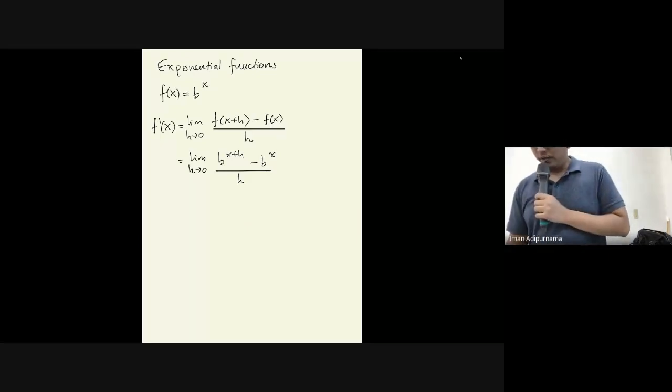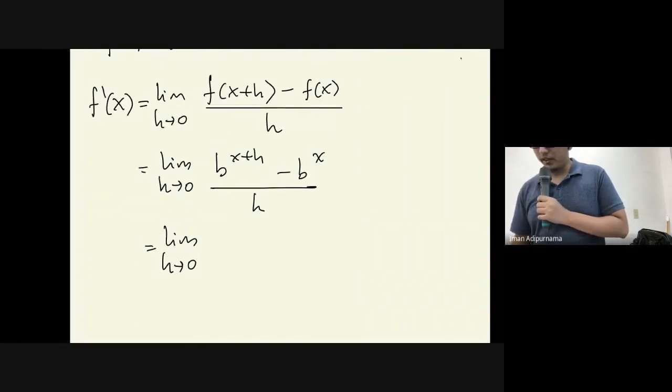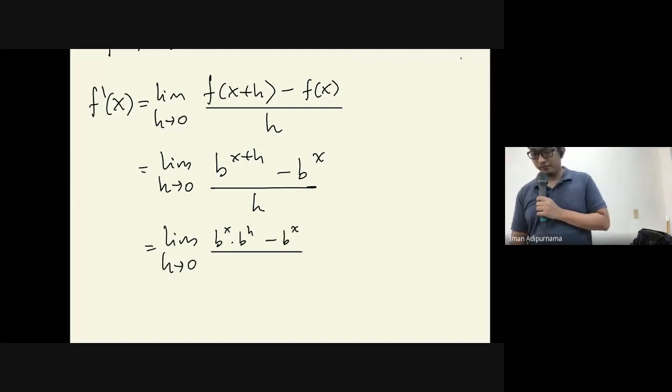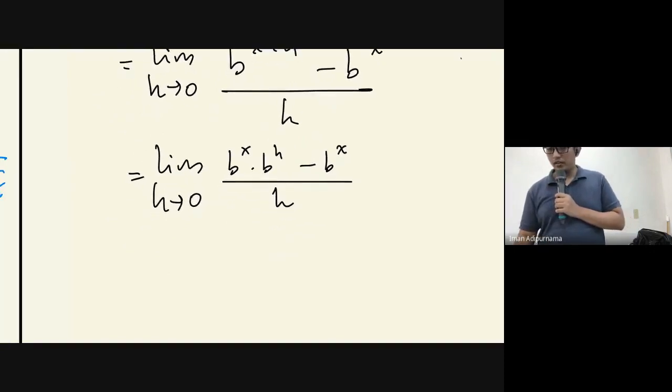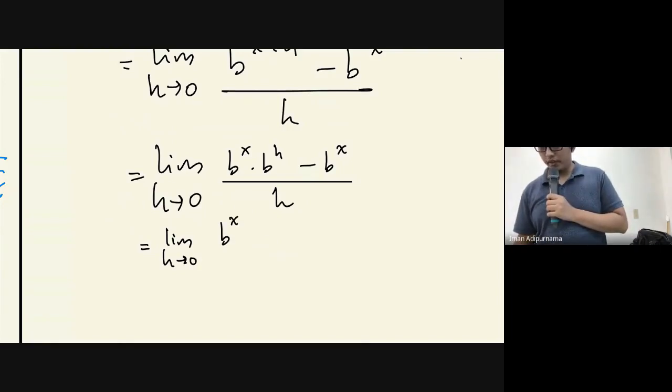Okay. In exponential, you can write this x plus h. You can write this like that, right? You can write like this, and you can factorize b with the power of x, b with the h, and minus 1.